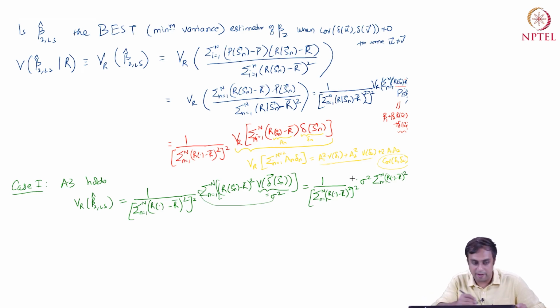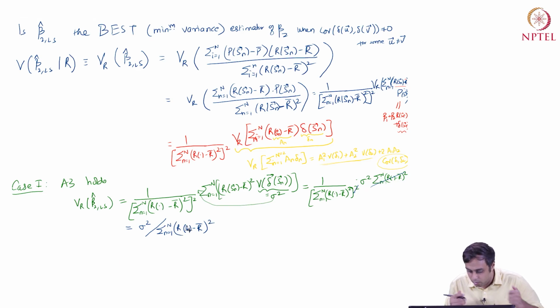And hence I can cancel one of the denominator terms with what's sitting in the numerator, summation (r minus r bar) squared. So that's why the variance of beta 2 hat OLS will come out to be sigma squared divided by summation n equals 1 to n (r minus r bar), the whole squared.